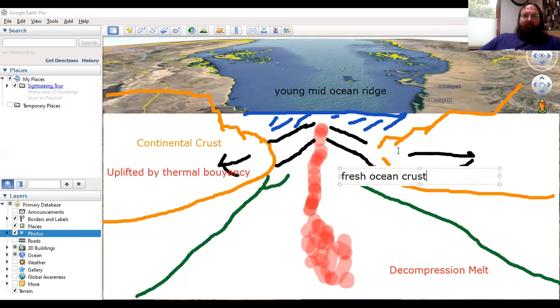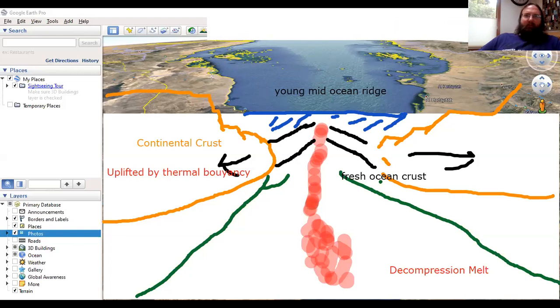And so the name for all this stuff that we're looking at, we're going to call it divergent plate boundary number 2, narrow symmetrical sea.